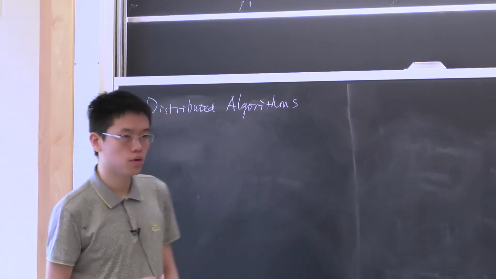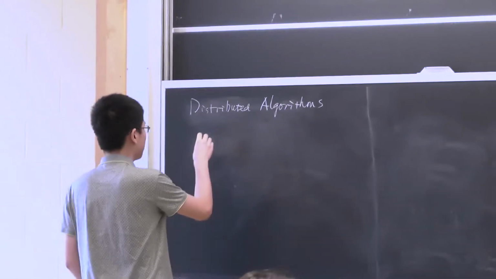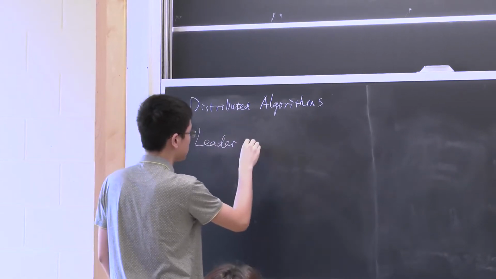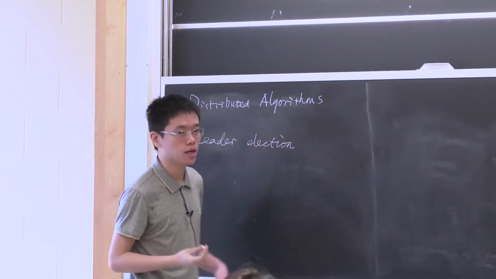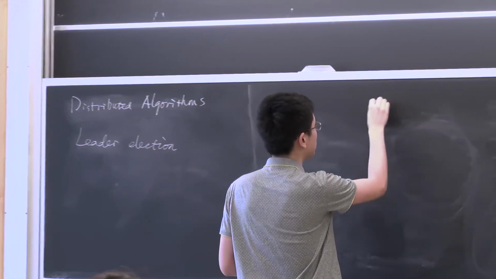Our first example would be, again, leader election, the simplest example. But this time, the network topology would be a ring.